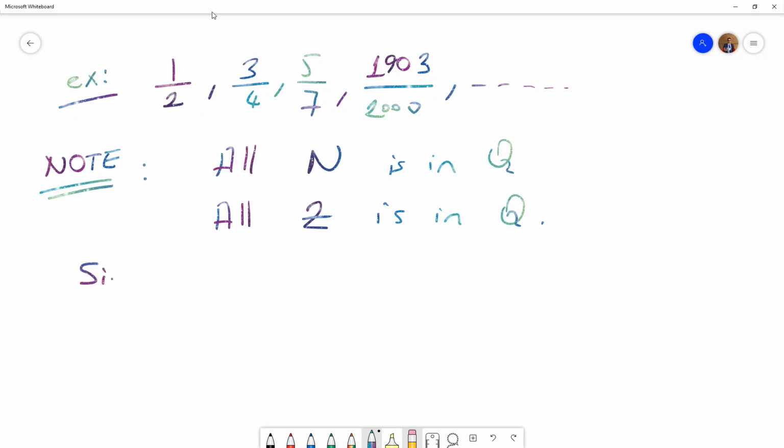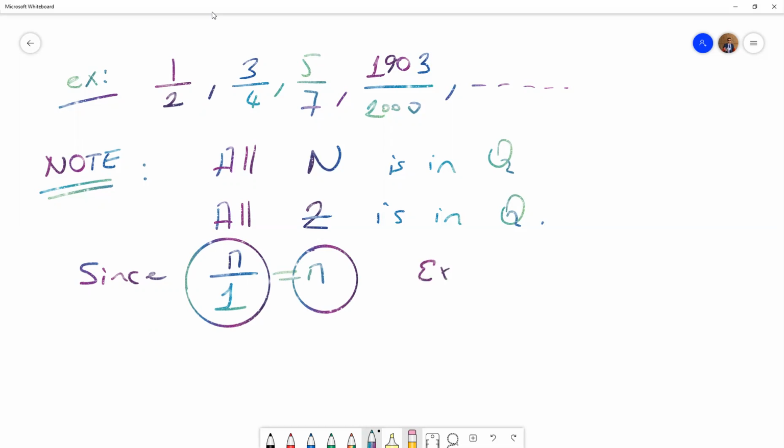Why? Since n over 1 is equal to n. This is a rational number, and this n is a natural number. Such as 5, for example. 5 is an element of natural numbers, but we can write it as 5 over 1, so it's an element of rational numbers. It's easy, I think.